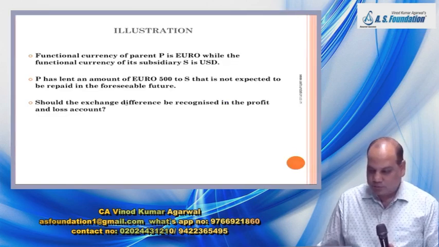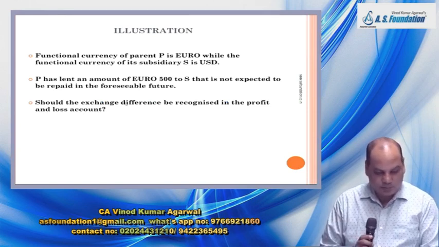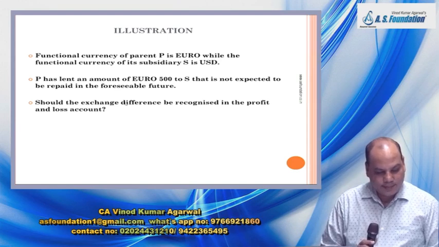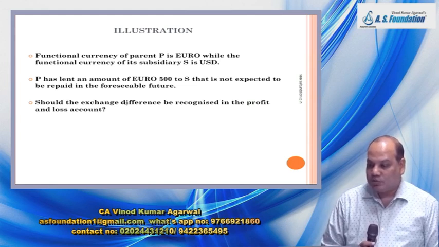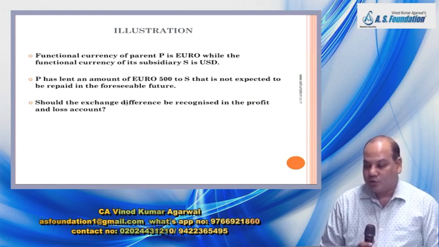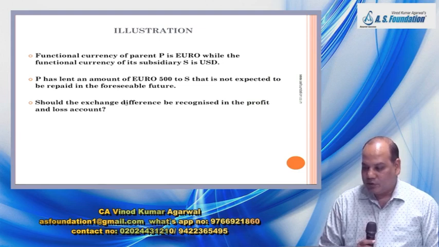One more example. This is 41. Functional currency of parent P is Euro. Functional currency of subsidiary is USD. P has lent an amount of euro 500 to S that is not expected to be repaid in the foreseeable future.